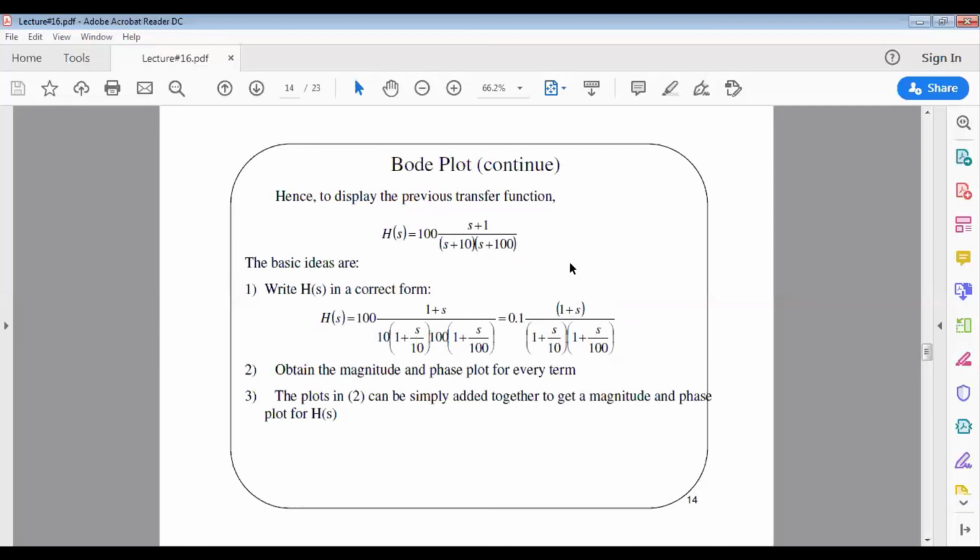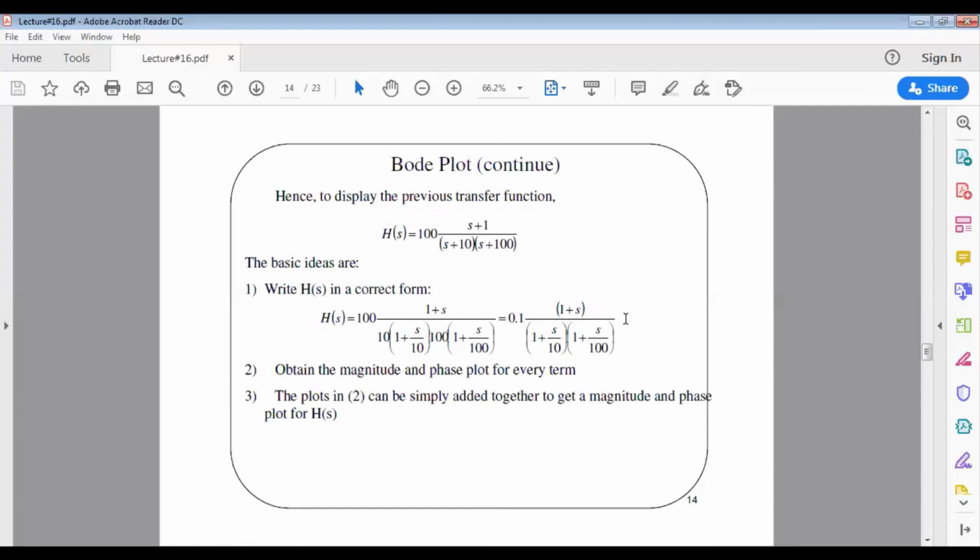Number 2, you have to obtain the magnitude and phase plot for all the terms that you have in the transfer function. Based on this transfer function, we have 4 different plots. We have a plot for the constant of 0.1, a real zero at 1, a real pole at 10, and a real pole at 100.